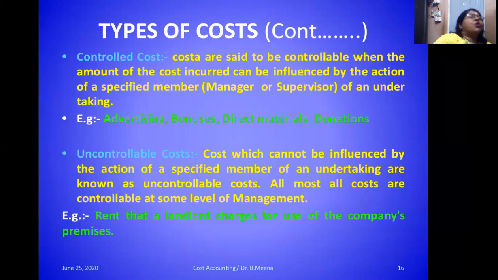I gave examples so we come to know what is controllable and what is uncontrollable. Examples of controllable cost are advertising, direct material cost, donations. Examples of uncontrollable cost: rent that a landlord charges for the use of the company's premises.